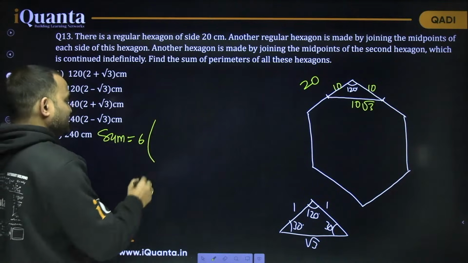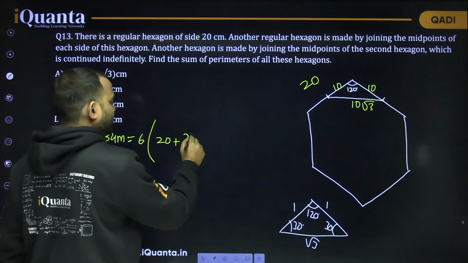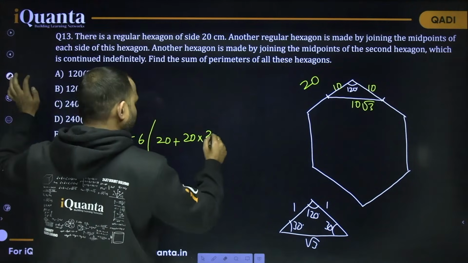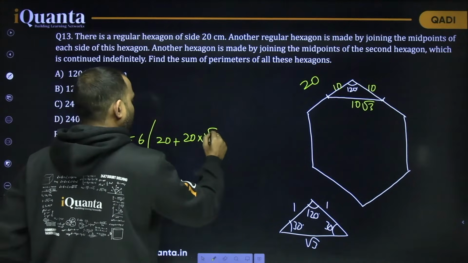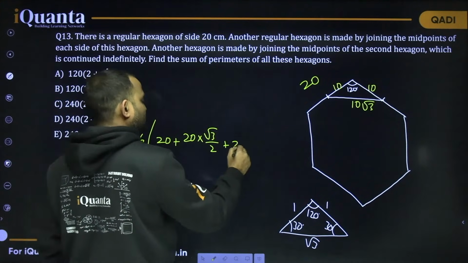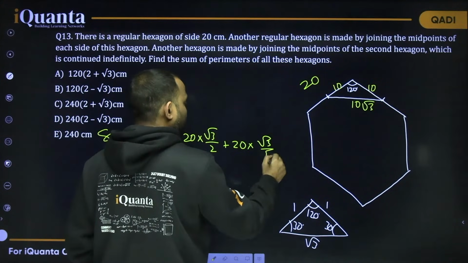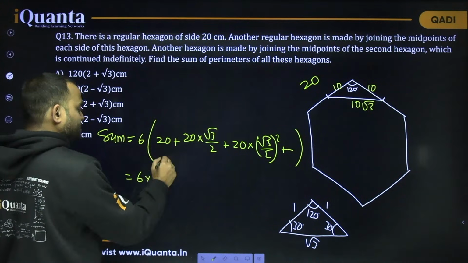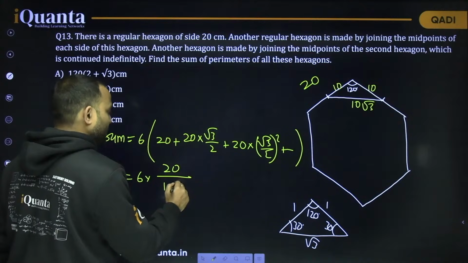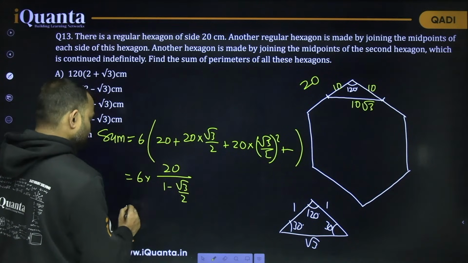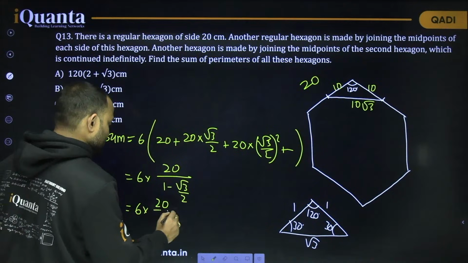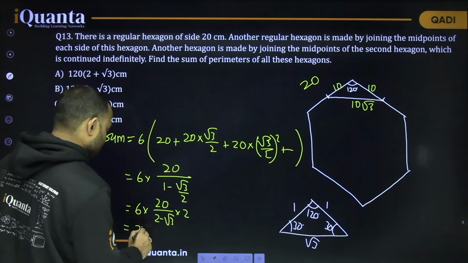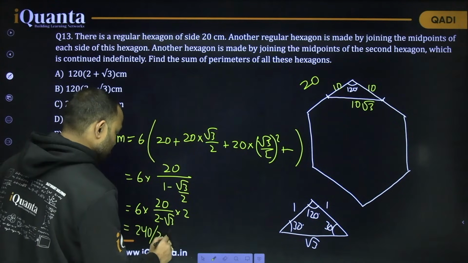So 6 times 20 plus 20 into root 3 upon 2, plus 20 into root 3 upon 2 whole square, and so on. So this will be 6 into, first term is 20 divided by 1 minus root 3 by 2, which will be equal to 6 into 20 upon 2 minus root 3 into 2, which gives us 240 divided by 2 minus root 3.